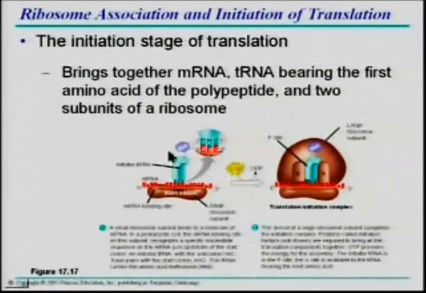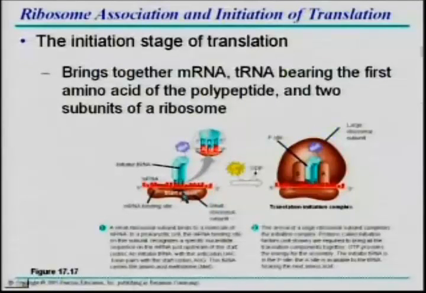So what we see here is the first thing that occurs on the left. A small ribosomal subunit binds to a molecule of mRNA. In a prokaryotic cell, the mRNA binding site on this subunit recognizes the specific nucleotide sequence on the mRNA just upstream of the start codon.